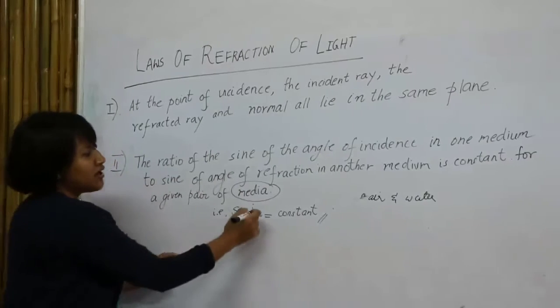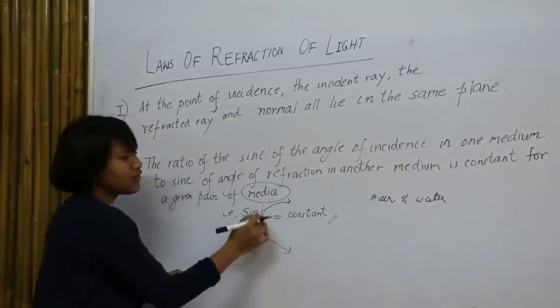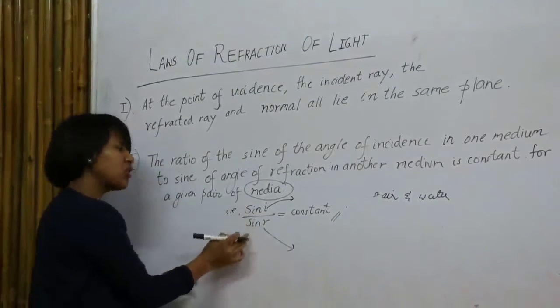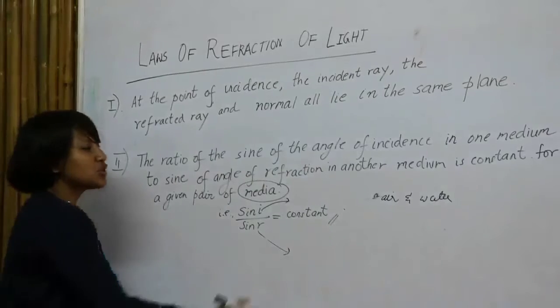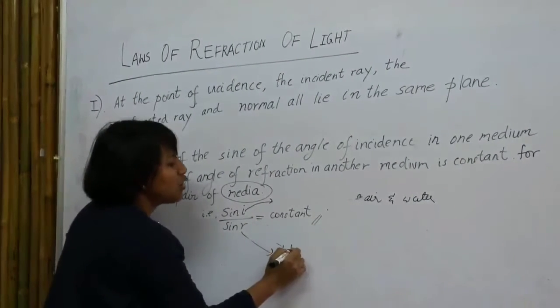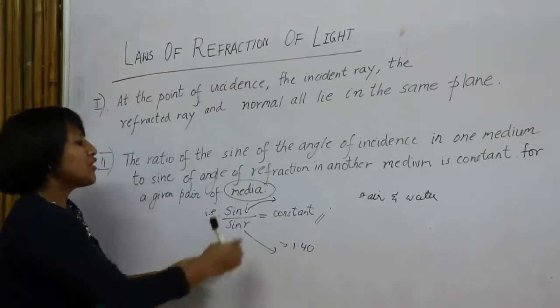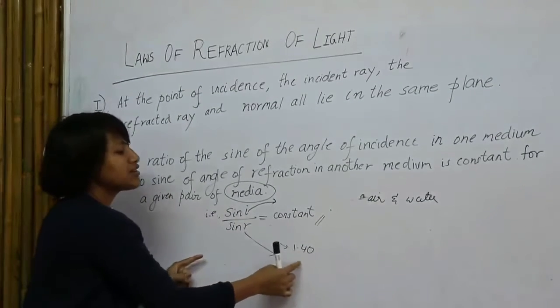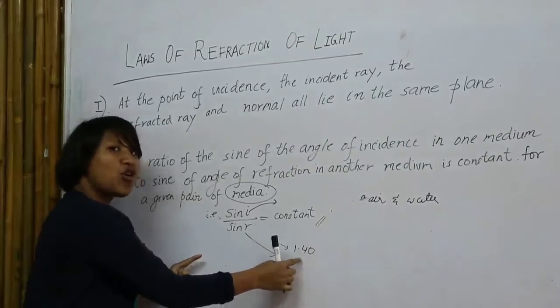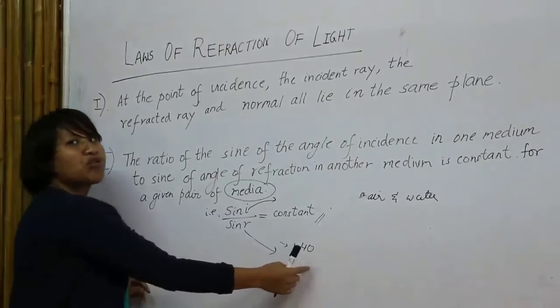No matter what the values of I and R, the ratio will always be constant. Suppose you get 1.40; then for different values of I and R, sometimes you will get exactly or nearly 1.40, like 1.39 or 1.41.